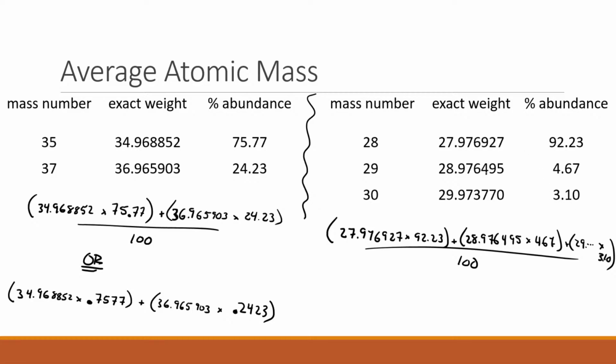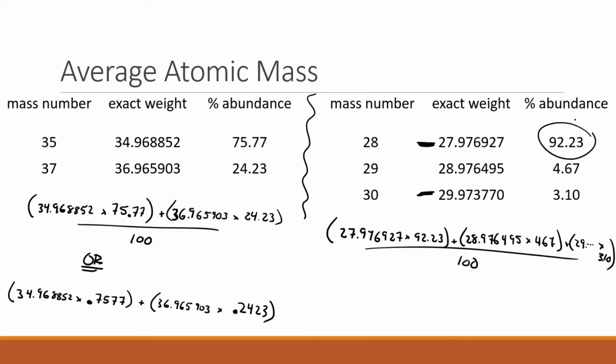Now, if we look at this mathematical setup, before plugging into the calculator, we can actually tell where this number should be. We know it has to be between our lowest and our highest, so it's got to be somewhere between 27.976927, but less than 29.973770.